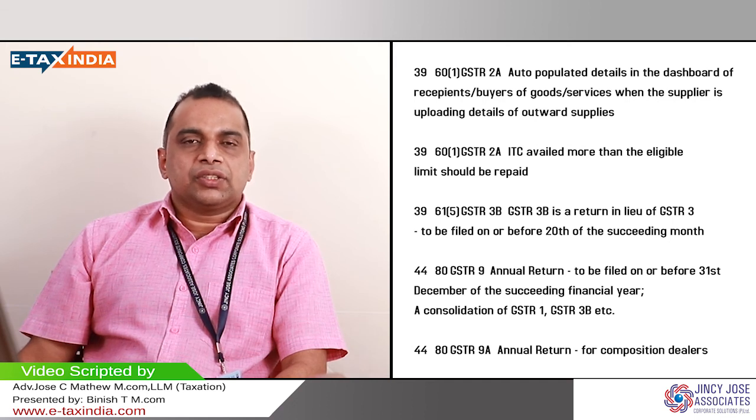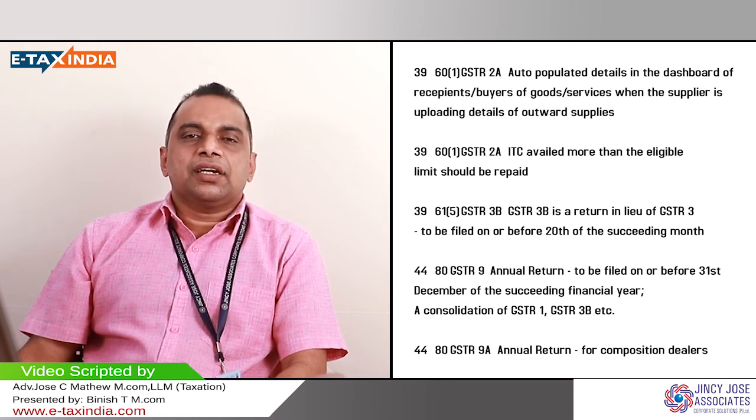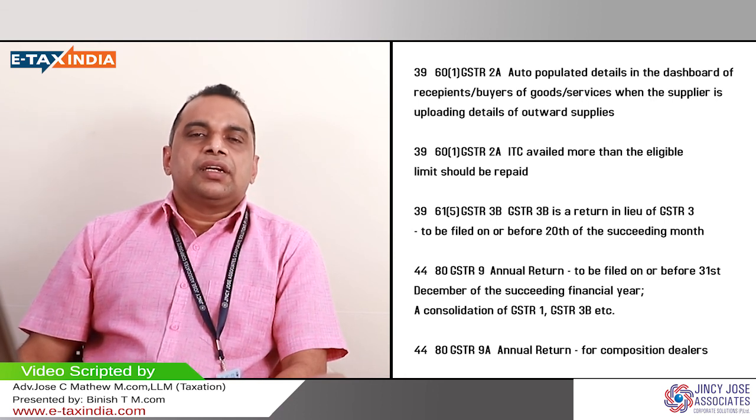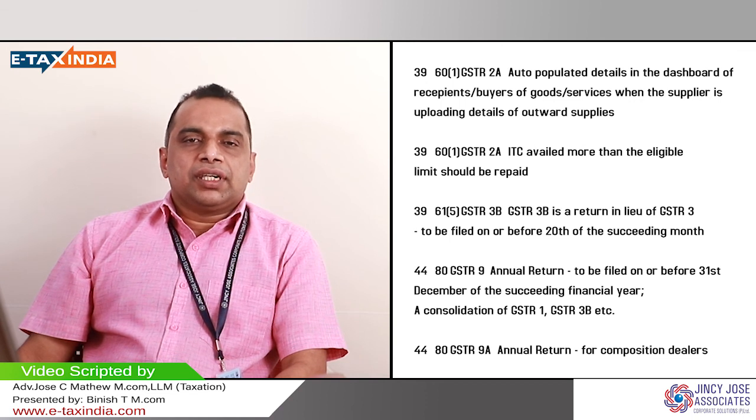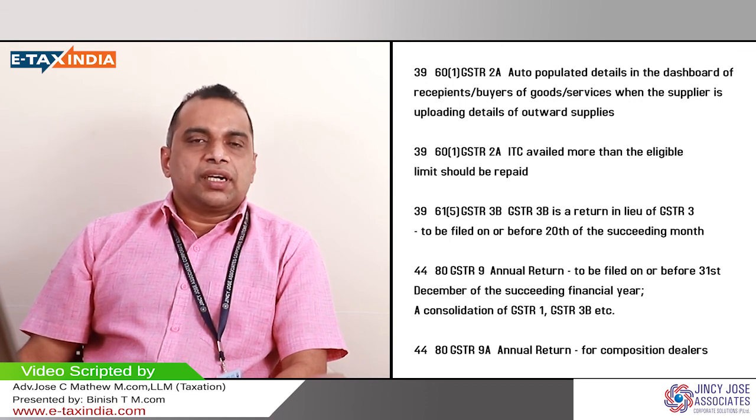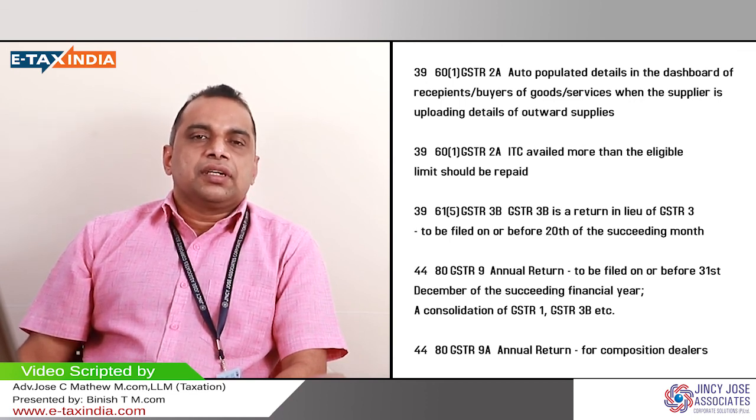There are monthly returns, quarterly returns and annual returns. There are auto-populated returns too. So we can categorize it as normal monthly returns for regular taxpayers, auto-populated returns like 2A and 4A, then annual returns for composition dealers and regular taxpayers, then returns for special persons like ISDs, and returns for special persons like non-resident taxable persons.